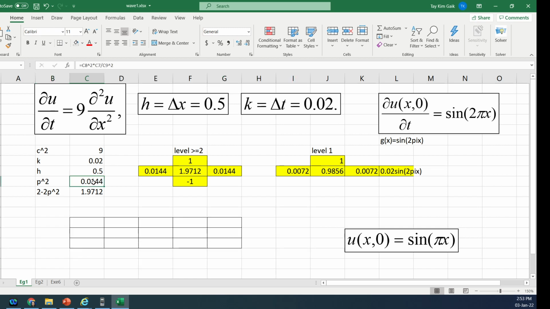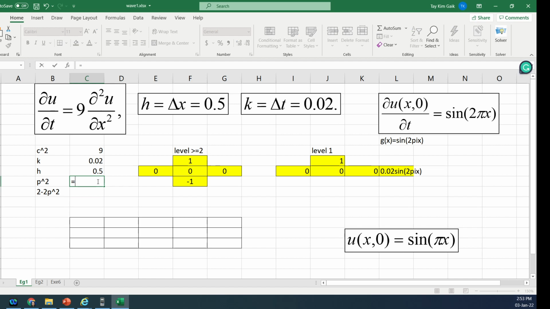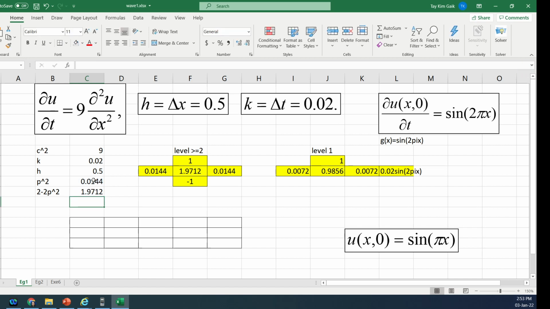Then you calculate rho squared, which is k squared c squared over h squared. So be careful, 9 is already c squared, don't square it anymore. So you get 0.0144. And then you calculate 2 minus 2 times rho squared.